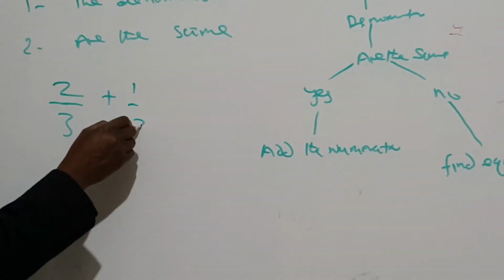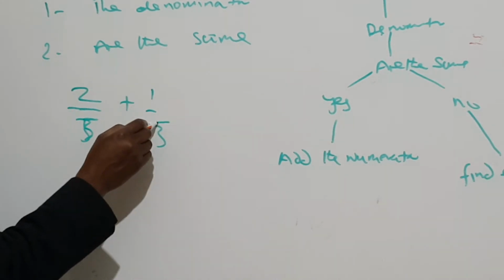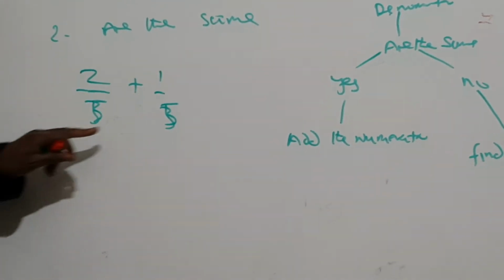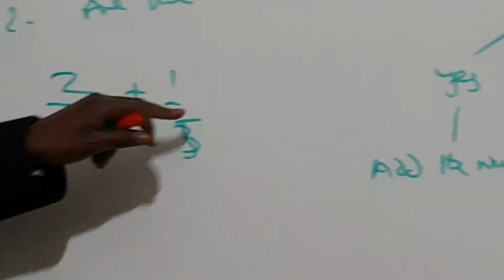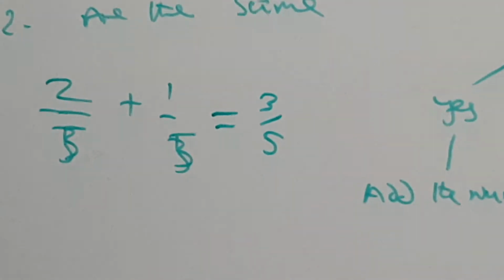So basically, if you look at a fraction, let's say 2/3 plus 1/3, or let's say 2/5 plus 1/5, since the denominators are the same, we just add the numerators. So that will be 3/5.